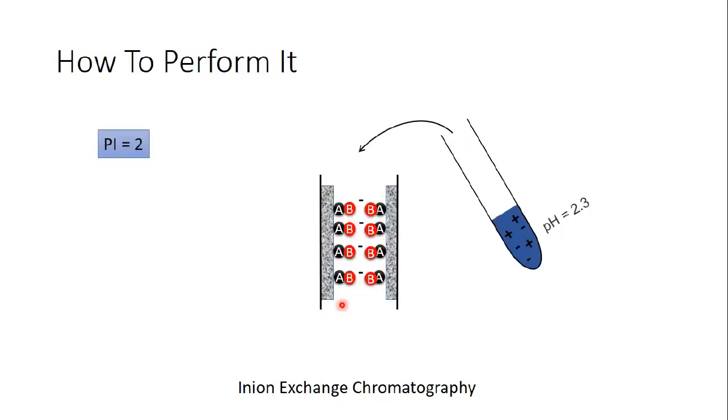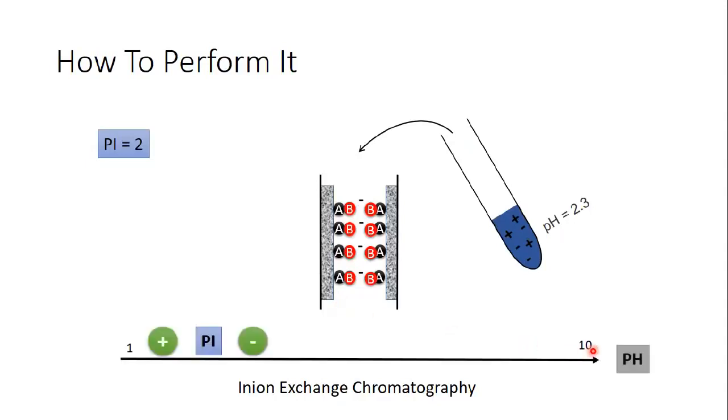In order to understand this better, let's take a look at the pH gradient. The pI of my protein is 2. And if I choose a pH higher than the pI, 2.3 for example, then my protein will be negatively charged.